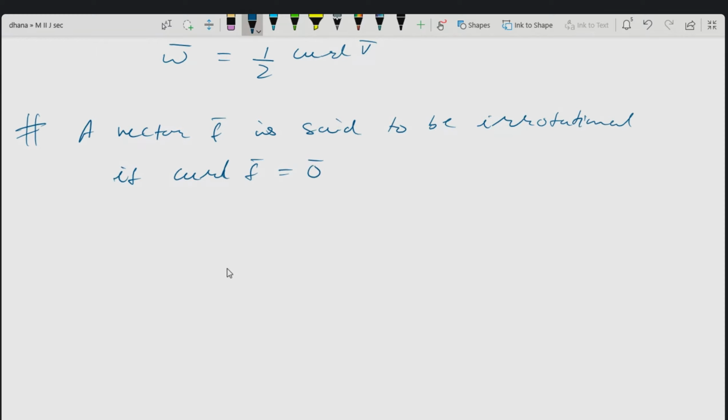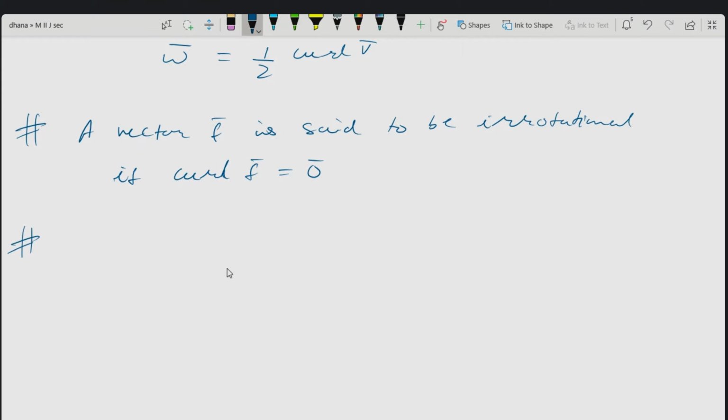So again, two statements here. If f bar is irrotational, then for sure curl of f bar will be equal to 0 bar. Another one is, if curl of f bar is 0 bar, then the vector is said to be irrotational. Got it, all of you?